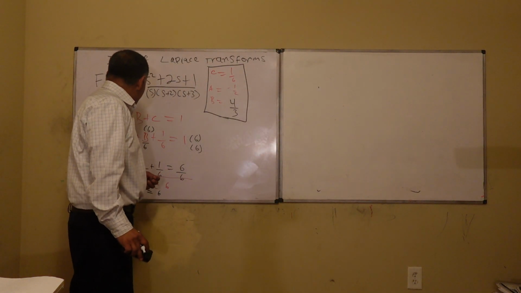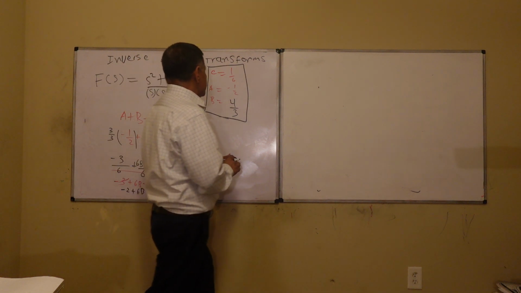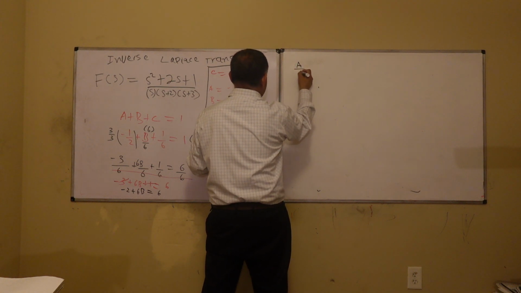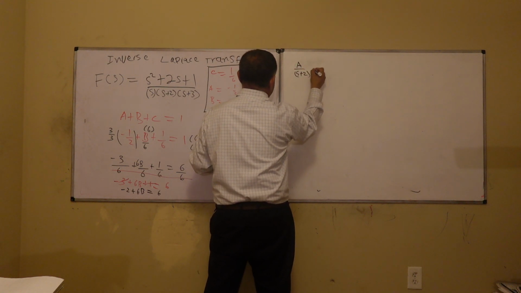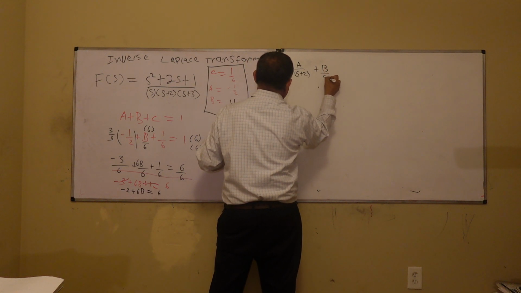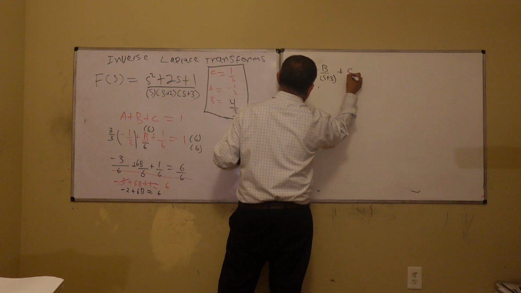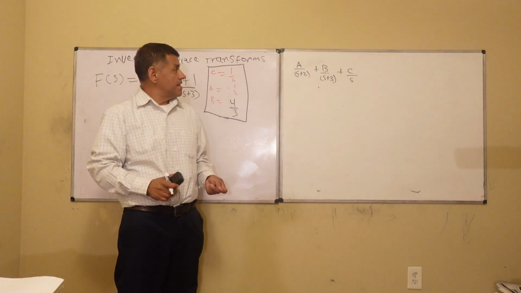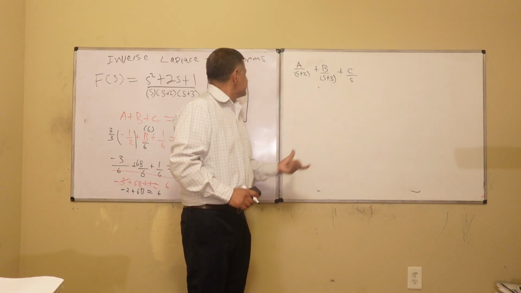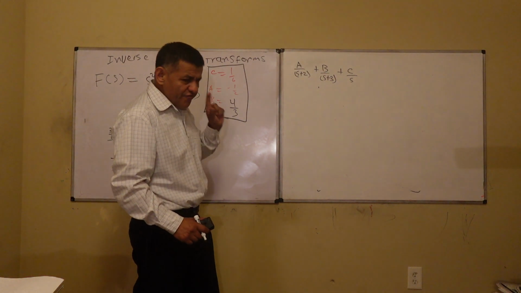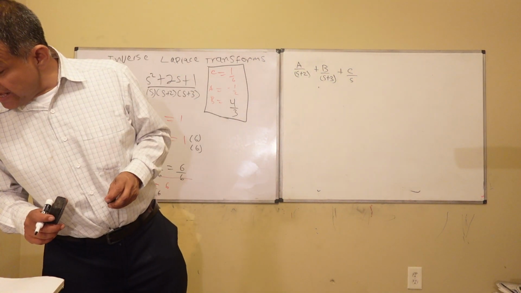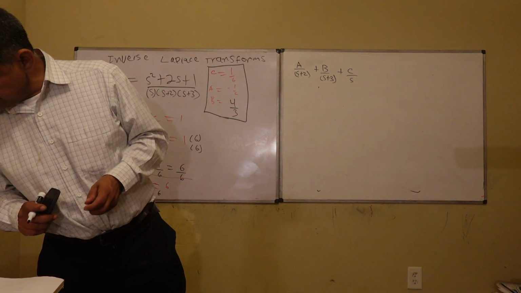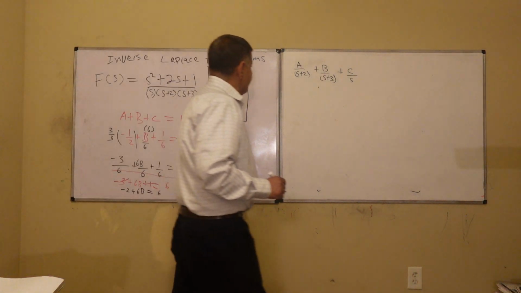Okay, remember that I had A and I had a B and I have a C. So A was S plus 2, and B was S plus 3, and C was S, just regular S. Now from the table we have the following.